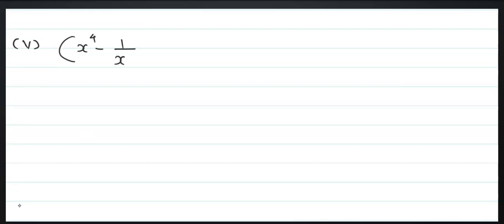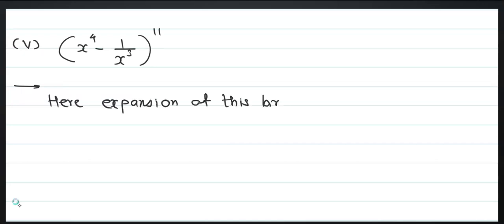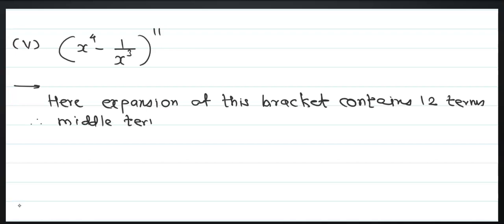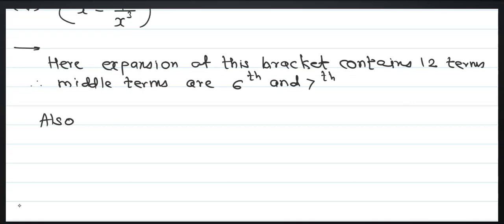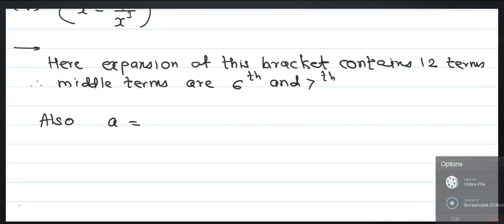Now the fifth one, x raised to 4 minus 1 upon x cube, bracket raised to 11. Here the expansion of this bracket contains 12 terms. Therefore, the middle terms are the 6th and the 7th, by using the formula.